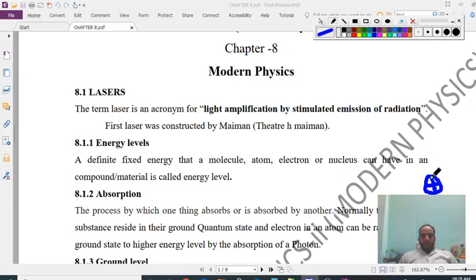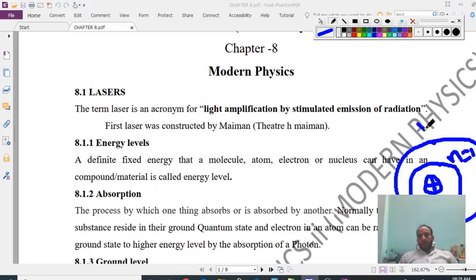Electrons revolve around the nucleus in definite orbits. Suppose this is the first orbit, n is equal to 1, then similarly the next orbit, n is equal to 2, and so on. We can draw other orbits around the nucleus.